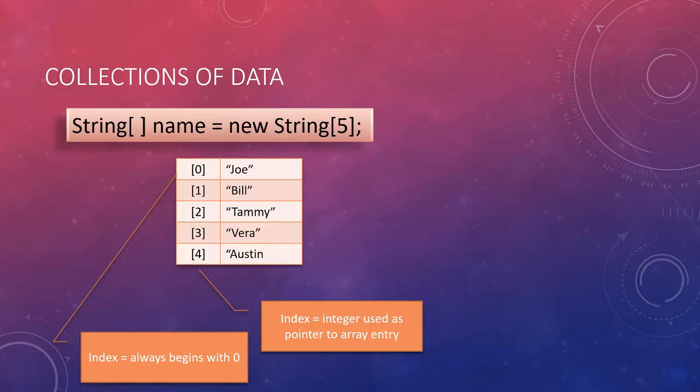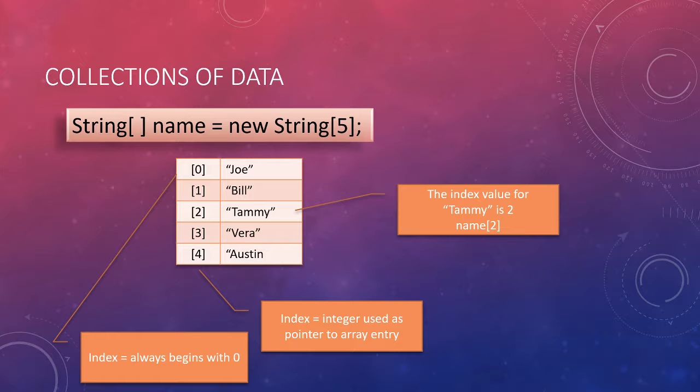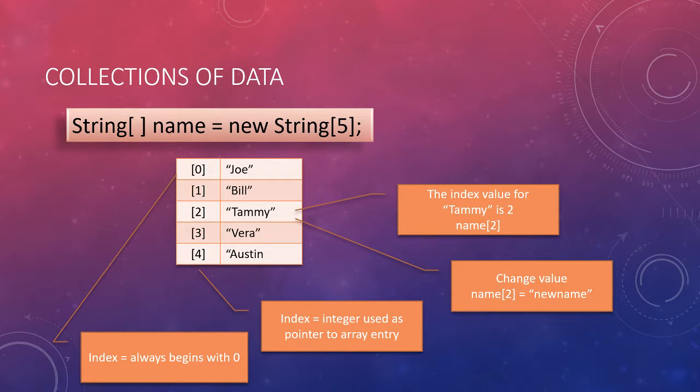So Joe here is at index position 0 in our name array. The index value for Tammy's entry is 2. So we would refer to her entry as name square bracket 2, where within the square brackets we have the value of the index. And that could be a variable or whatever we want to use to indicate that value.